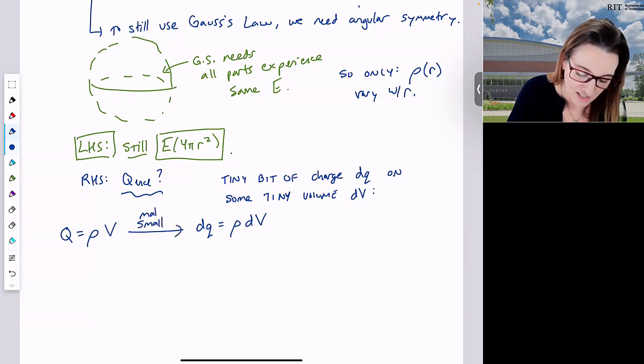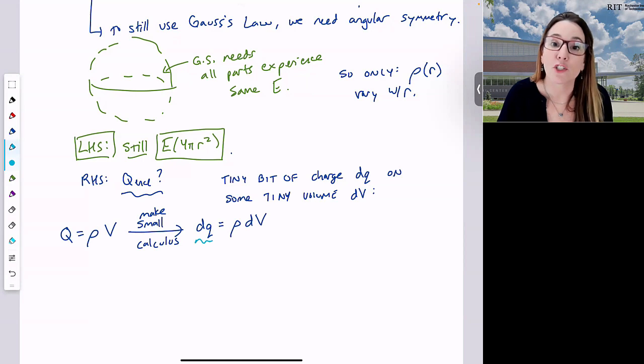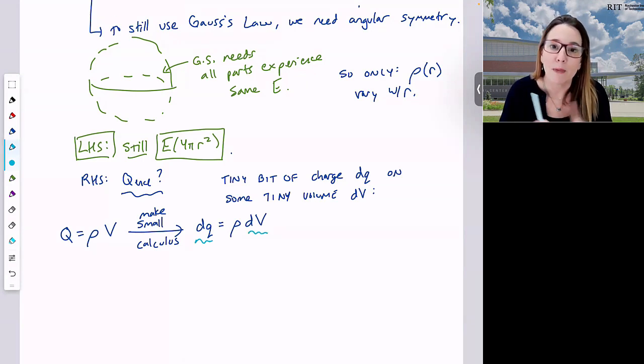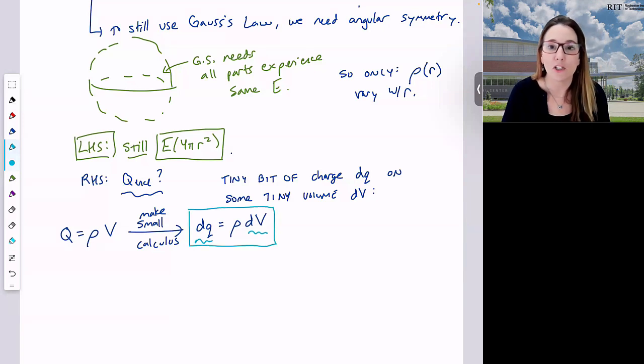So I made it into calculus world by making the charge small, and the amount of charge is small because I just have a small amount of volume. And that's going to be the key idea for how we can get dq here.